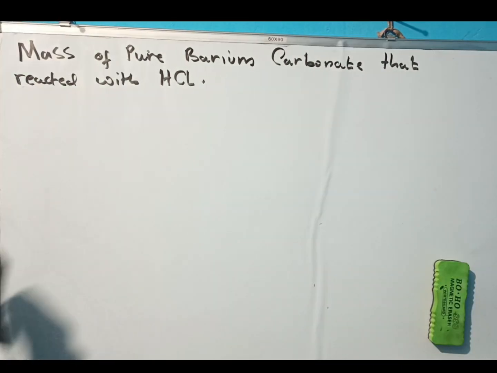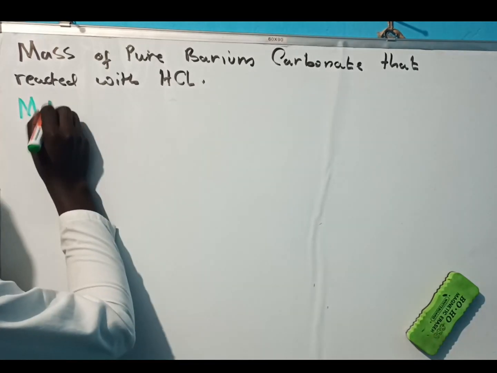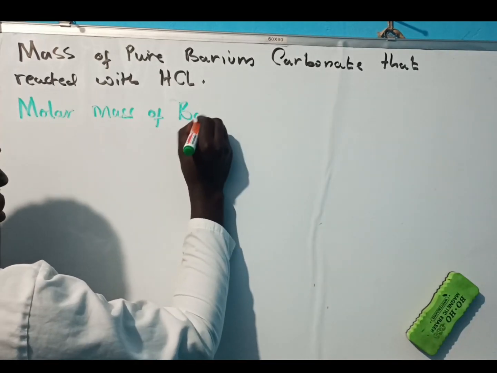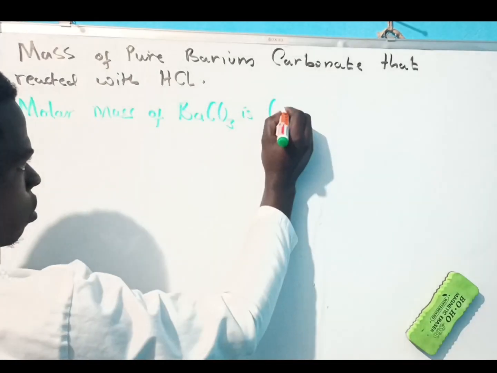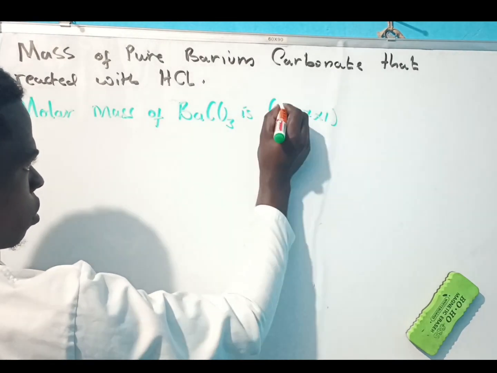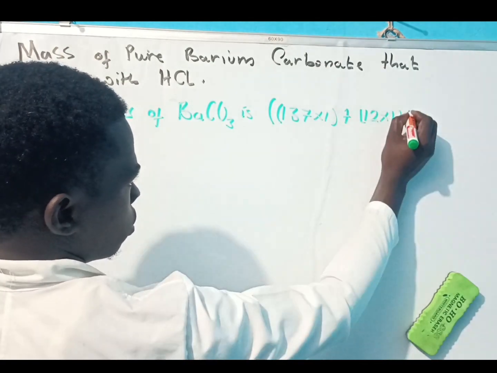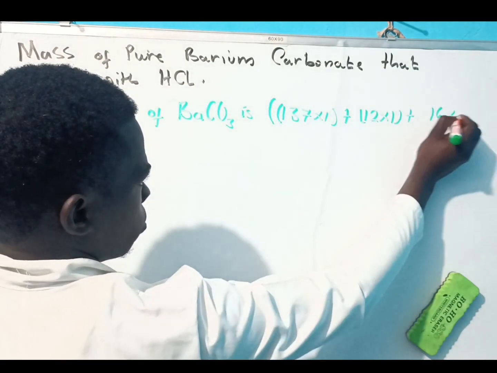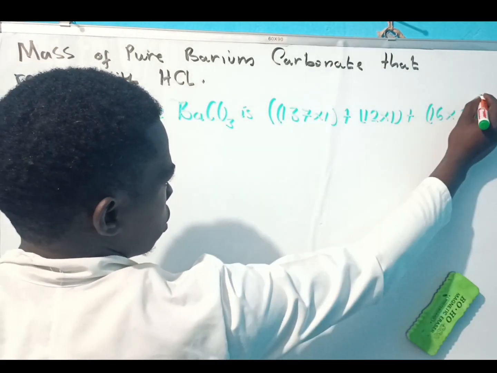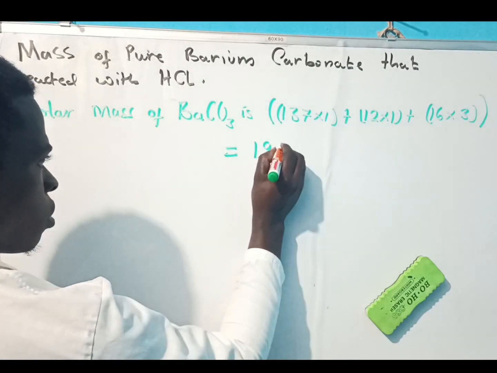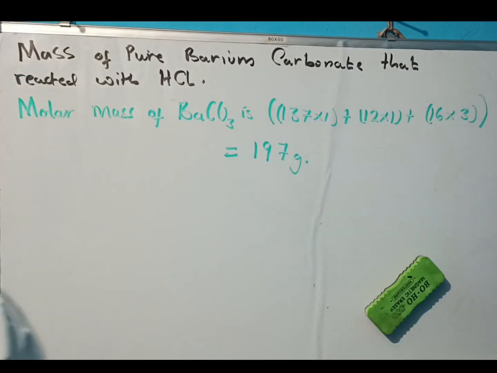We can now determine the mass of pure barium carbonate that reacted with hydrochloric acid. The molar mass of barium carbonate is 137 times 1 plus 12 times 1 plus 16 times 3, giving a total of 197 grams.